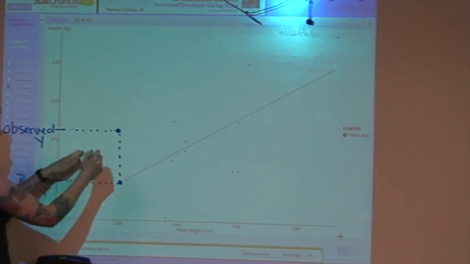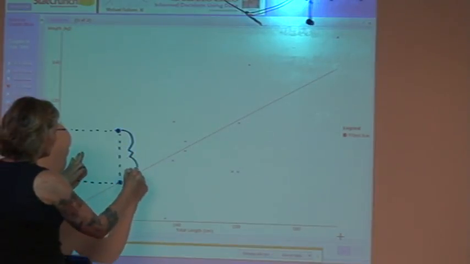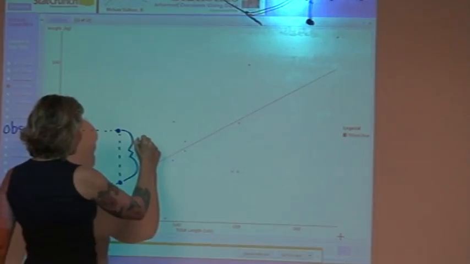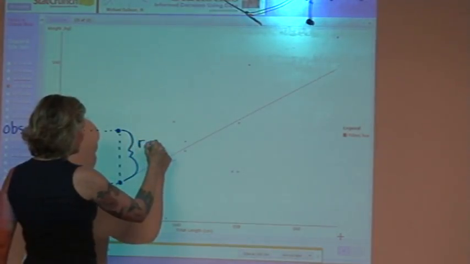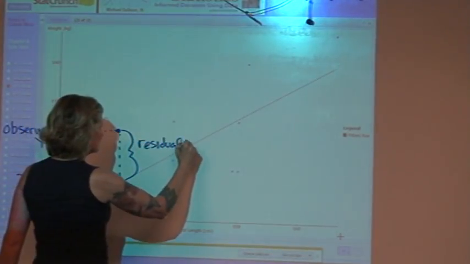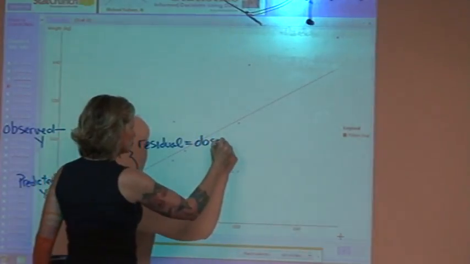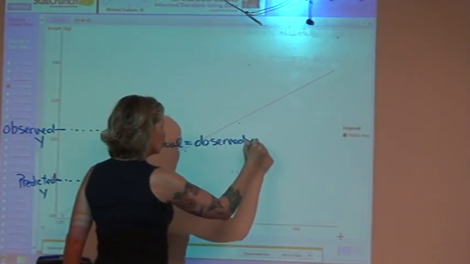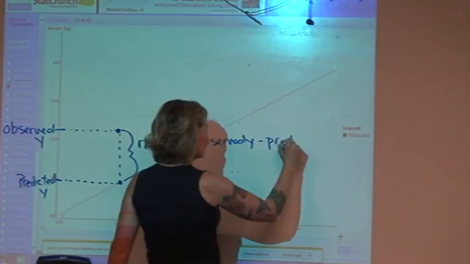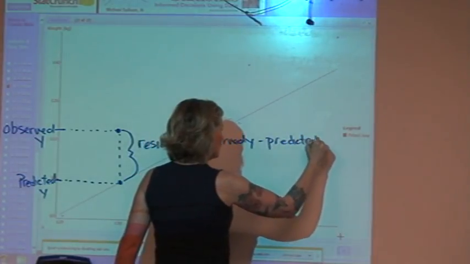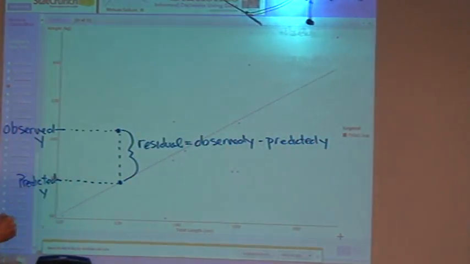Each residual, each one of these vertical distances, is calculated by the observed y minus the predicted y.